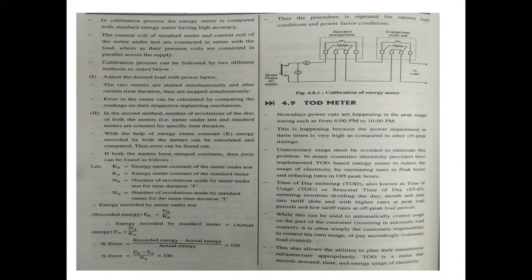Unnecessary use must be avoided to eliminate this problem. In many countries, electricity providers have implemented TOD based energy meters to reduce the usage of electricity by increasing rates in peak hours and reducing rates in off-peak hours. In European countries and other countries, the TOD meter is used.